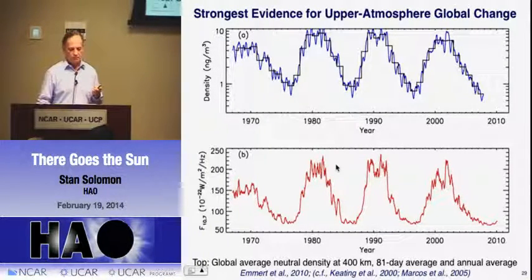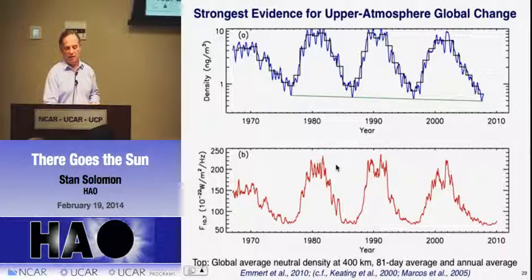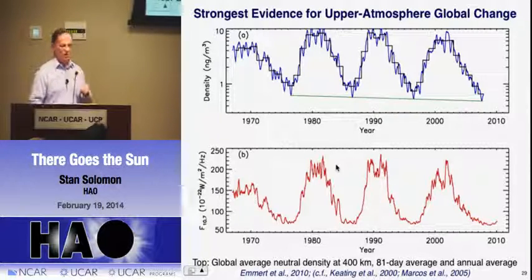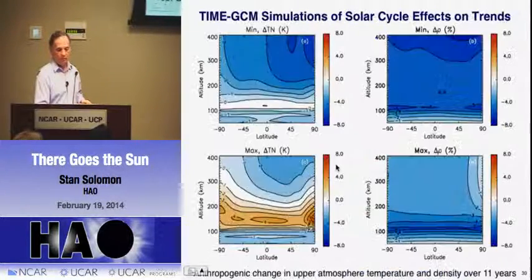Well, one way you can tell is you go from one solar minimum to the next. And that's what Jerry Keating did in the landmark discovery in his paper in 2000, that the cooling predicted by Roble and Dickinson is in fact occurring at a higher rate than expected, about 5% per year.